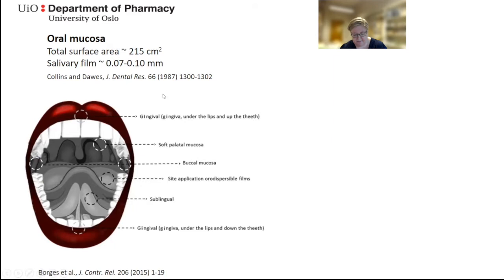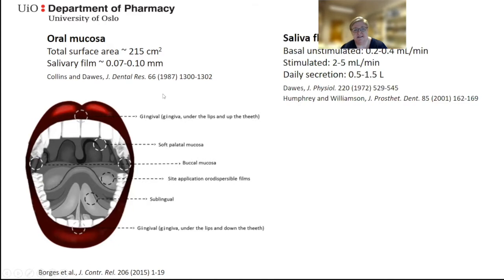But the thickness will, of course, not be constant, and there is a continuous flow of saliva. The basal value is in the order of magnitude of 0.2 to 0.4 milliliter per minute.